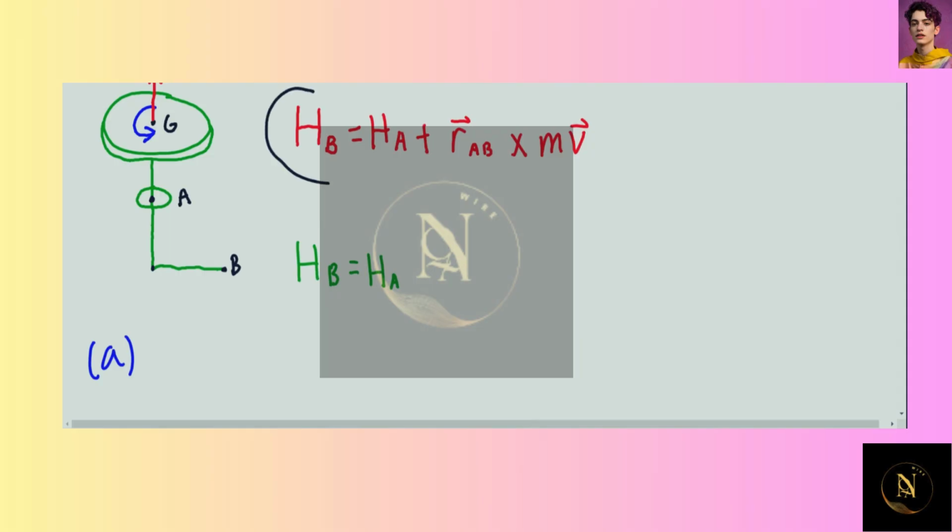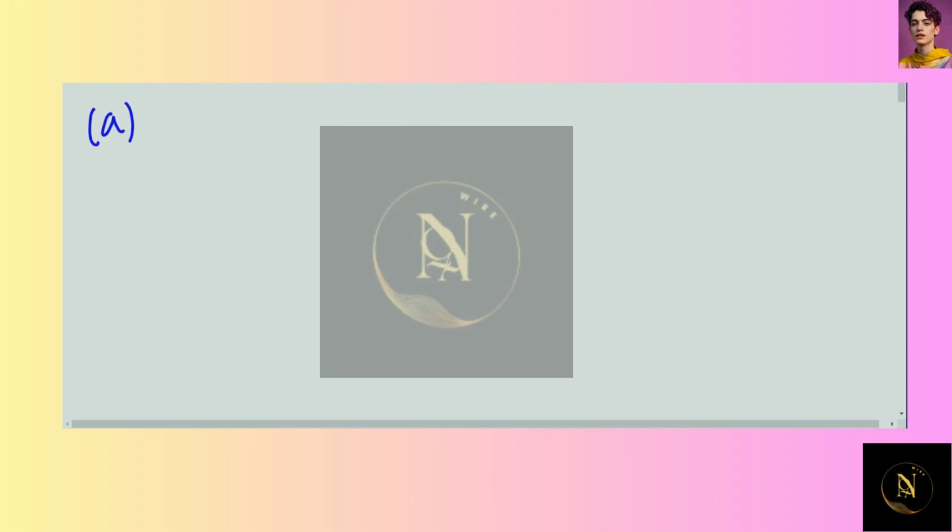So we'll start by proving this first equation here. What we can say is that the angular momentum about some point A is going to be equal to the angular momentum about the point G plus the position vector from point G to A cross its linear momentum.